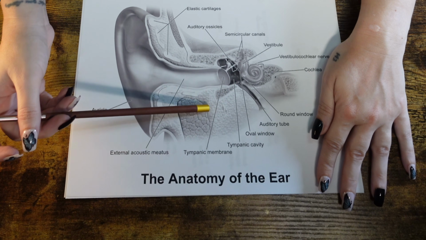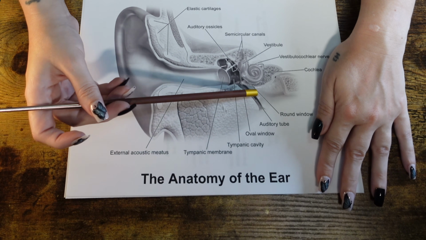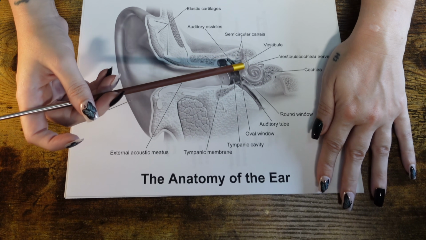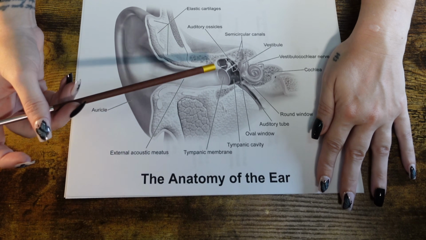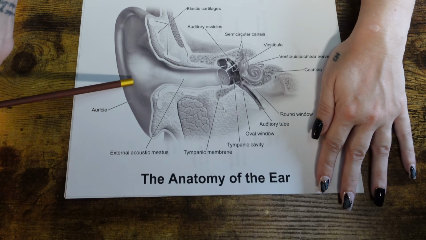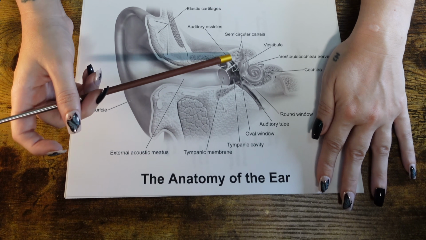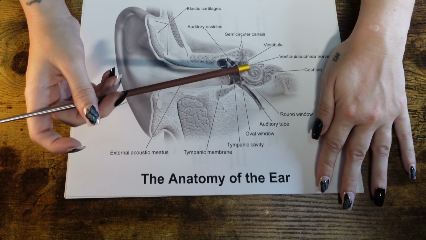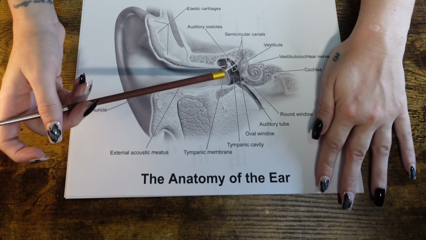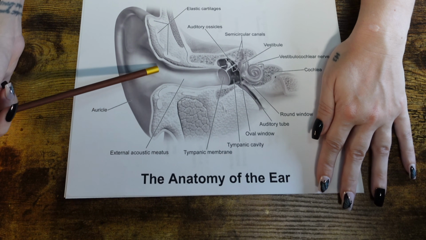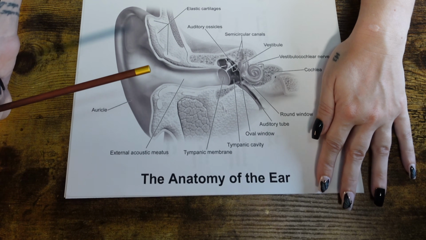And it's also just interesting for a lot of people seeing all the different parts that are involved in a sound traveling through our ear and through all these different structures before traveling through a nerve into our brain to let us know what we're hearing.